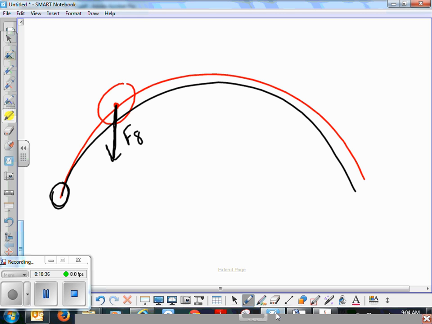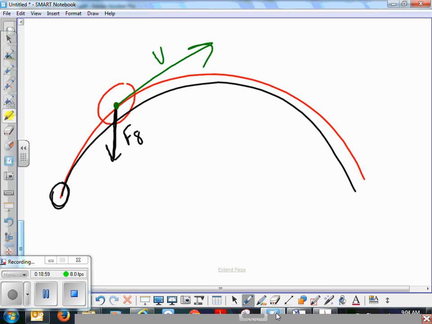Well, let's say that we have air here. In what direction would the air be? Well, the velocity at this point would be at tangent. Do you agree? So that would be the velocity. So that's not part of the free body diagram.